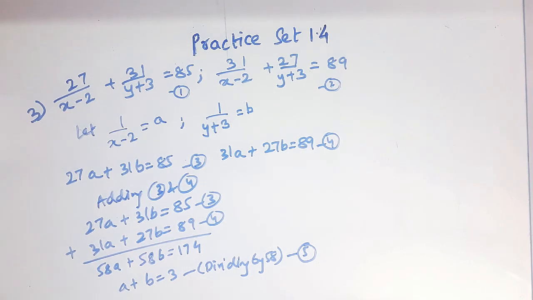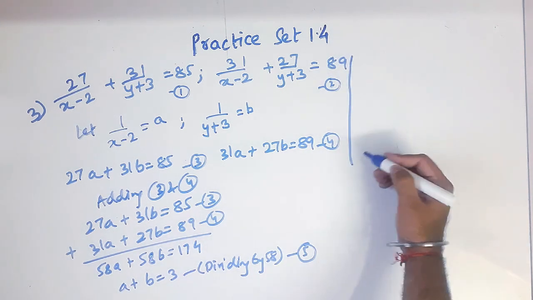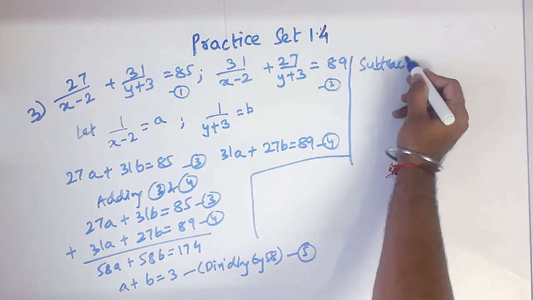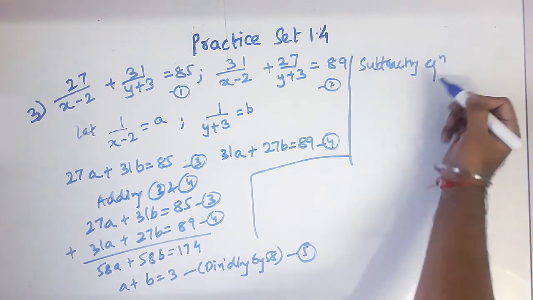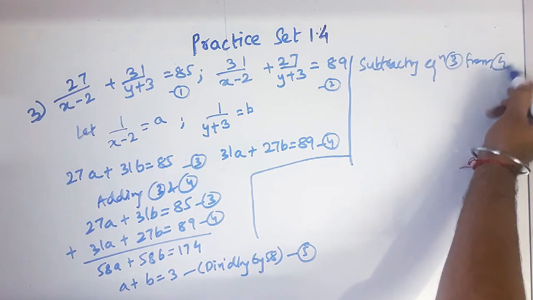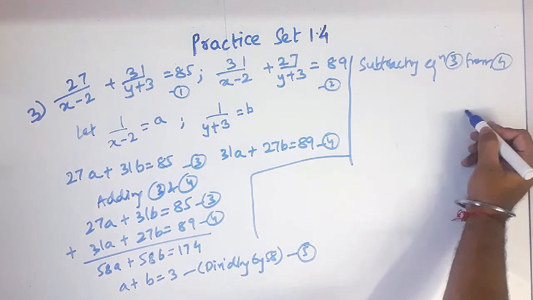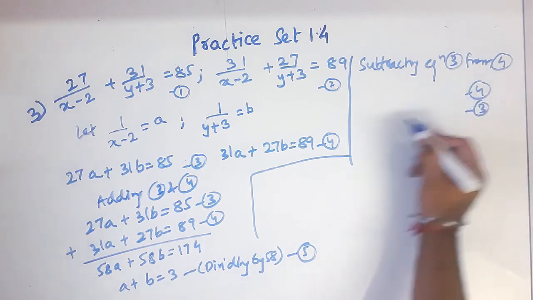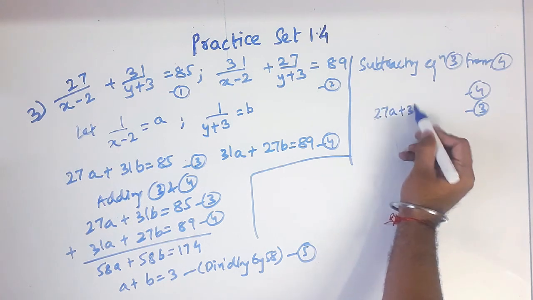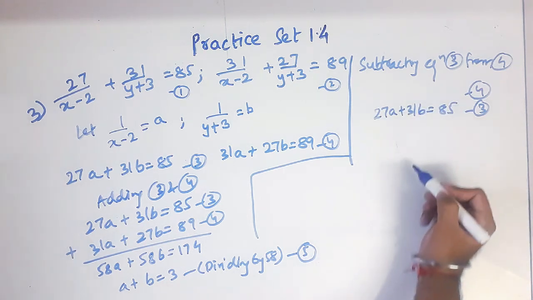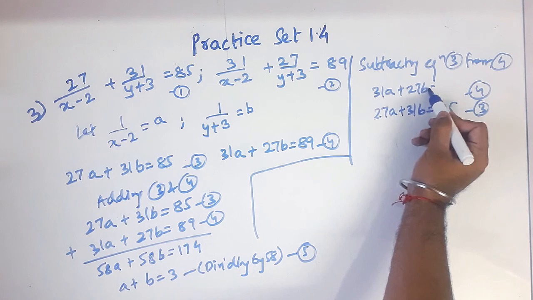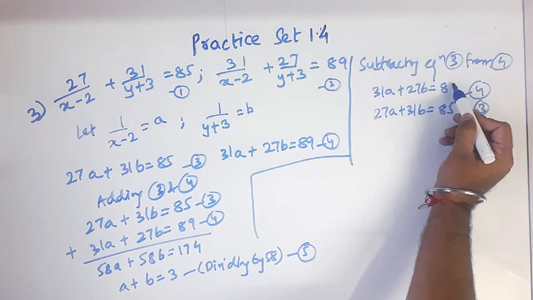Okay, then we'll come here. We'll subtract them once. Subtracting equation, I'll take 3 from 4th. So 3 I'll place below, 4th above. Third one is 27a plus 31b equals to 85, and fourth one is 31a plus 27b equals to 89.